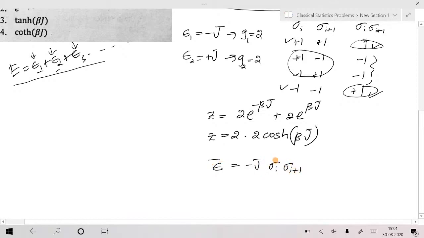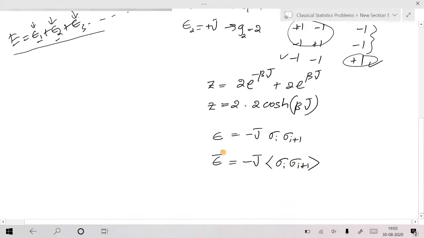So the average of this energy is equal to minus J, which is constant, times the average of sigma I plus 1. This is similar to the average energy per particle.